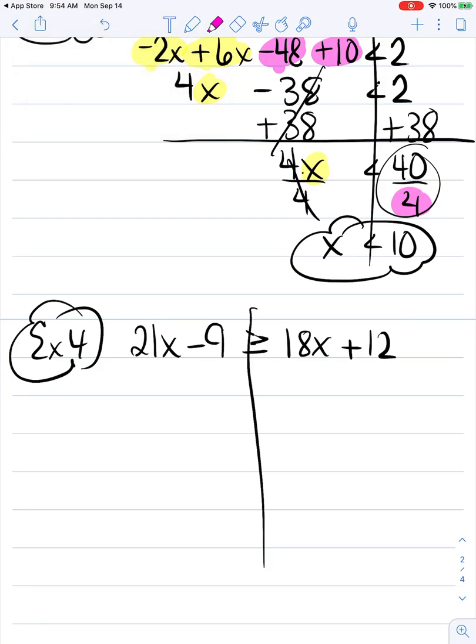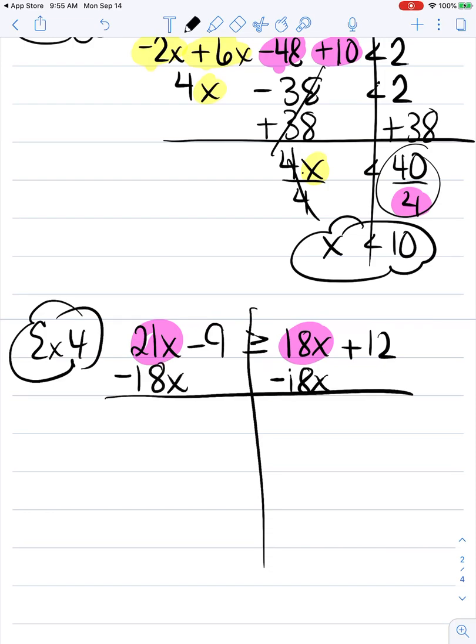So now I'm going to start isolating the variable. But what do we notice? I have variables on both sides, so I have to add or subtract to get those together. I like my letters on the left, so I'm going to subtract 18x from both sides. And when I do that, I'm left with 3x minus 9 is greater than or equal to 12.